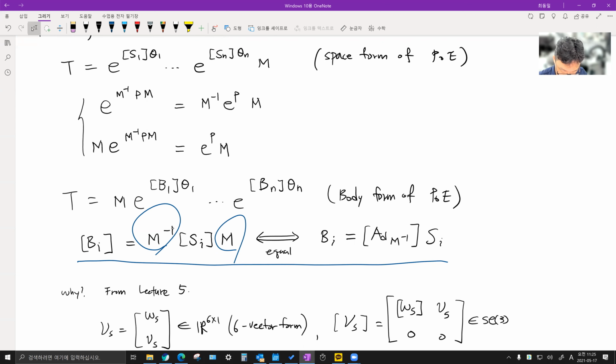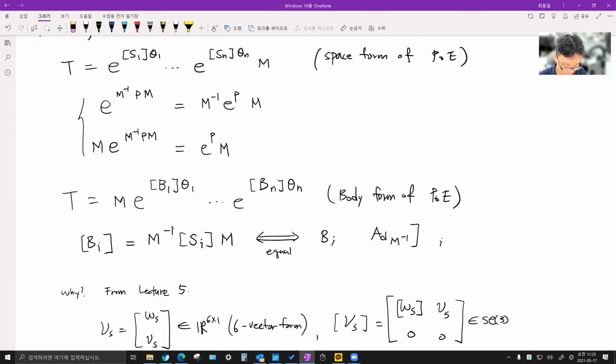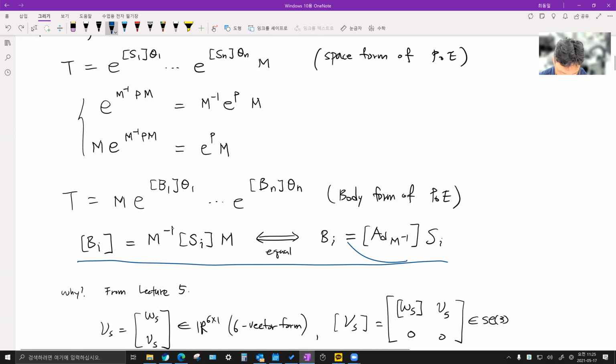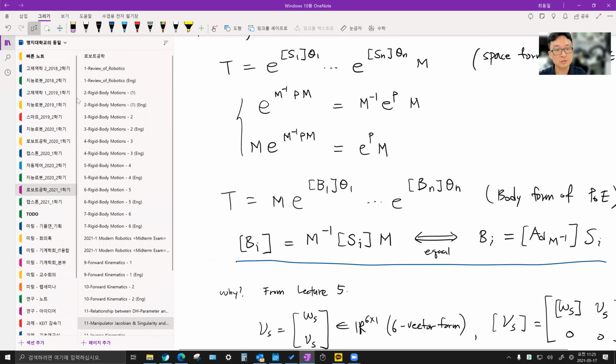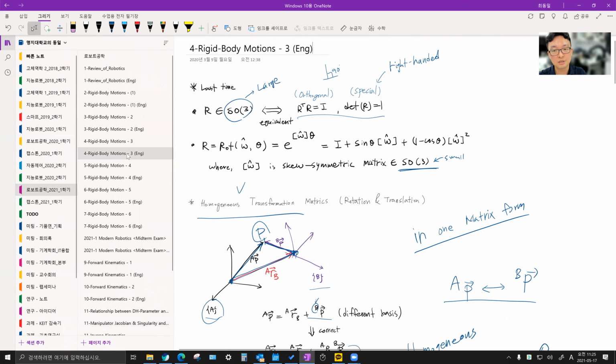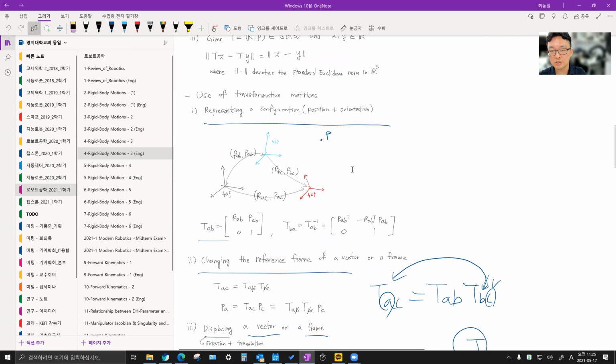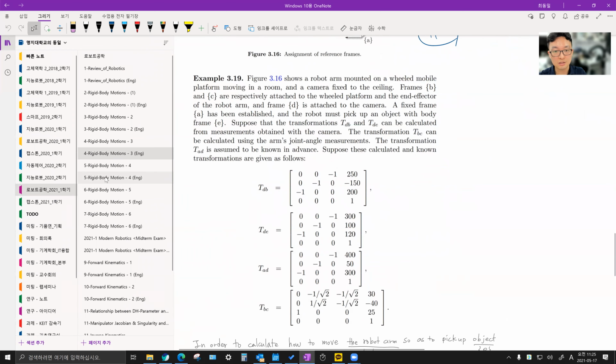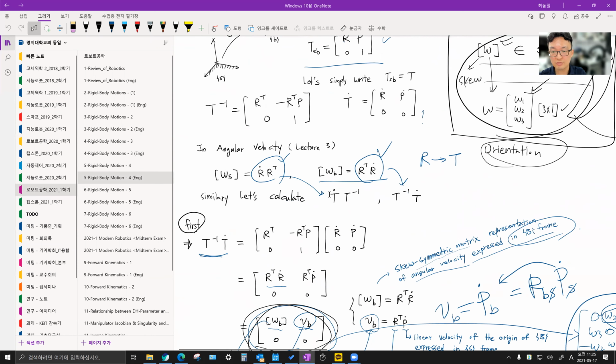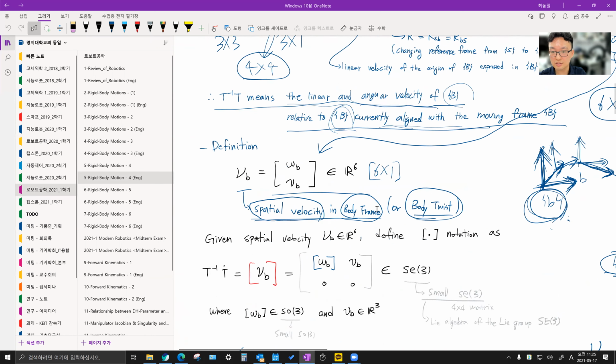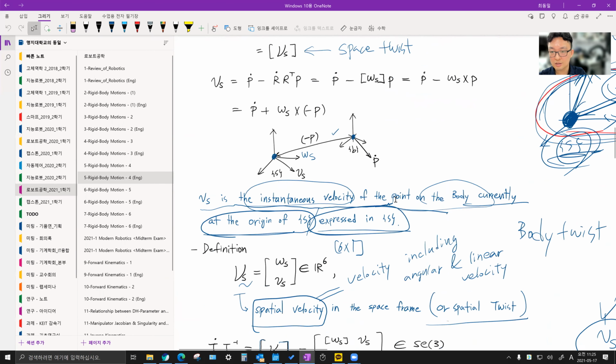This calculation is equal to the concept of adjoint, which I already told you about. We learned about this in the rigid body motion chapter, chapter 5, when we learned the concept of twist.